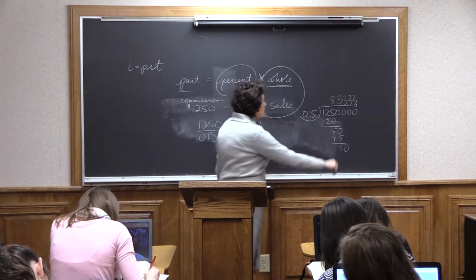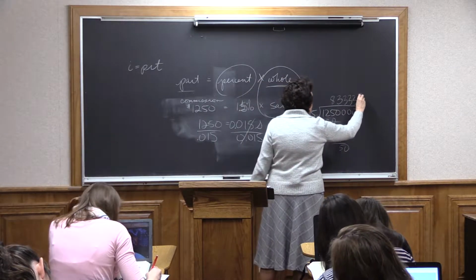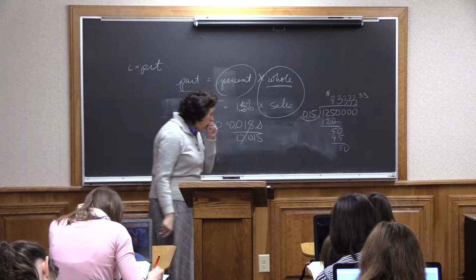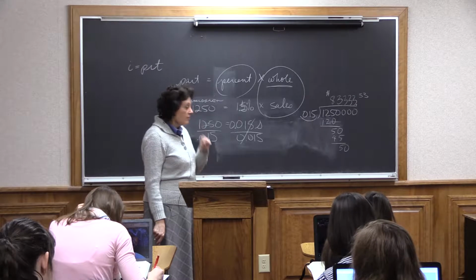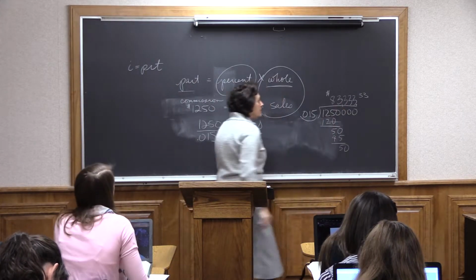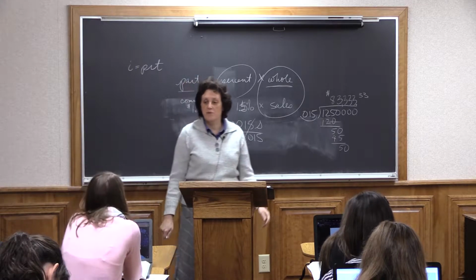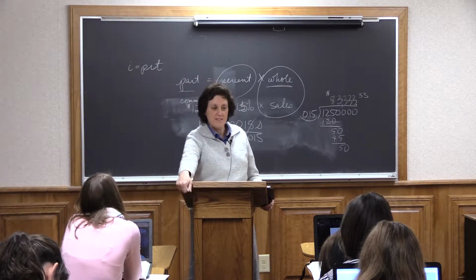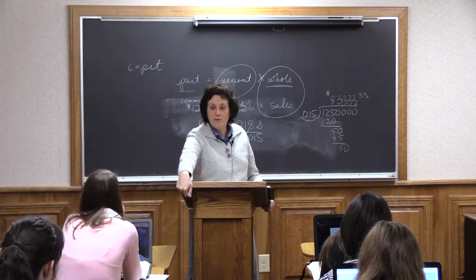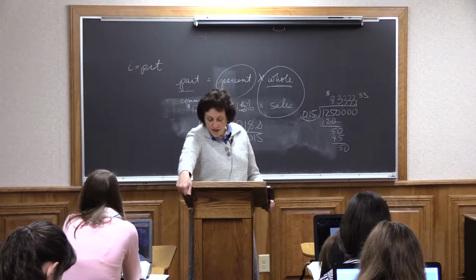So then when I do this, I'm going to round to the nearest cent. And if we take a look at this, it kind of makes sense that in order for me to make $1,200, I have to sell either one large item or a whole bunch of little items.